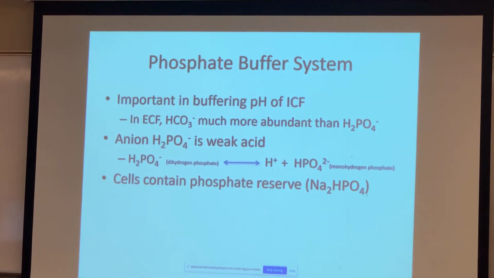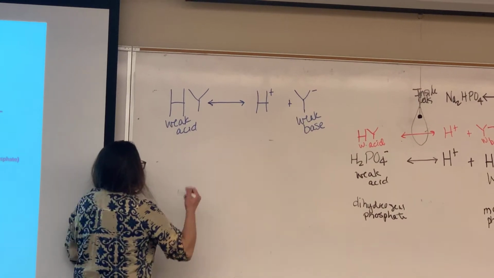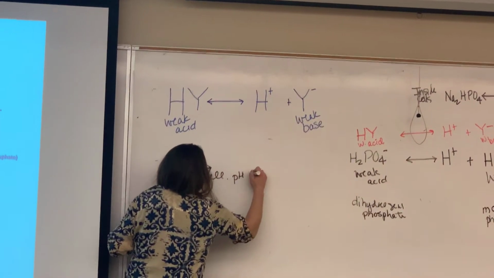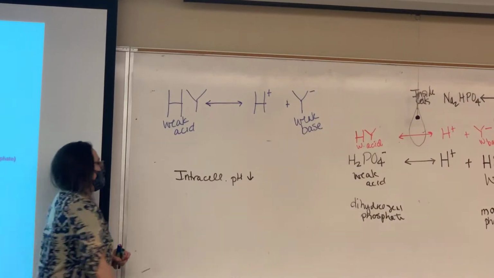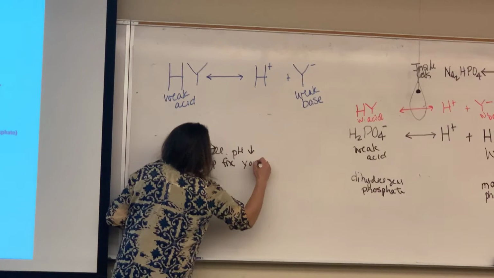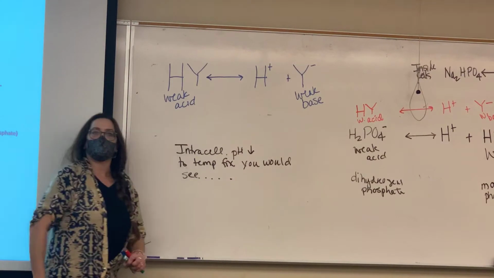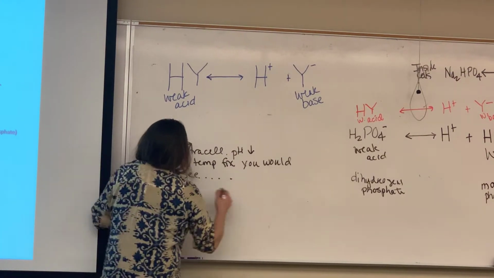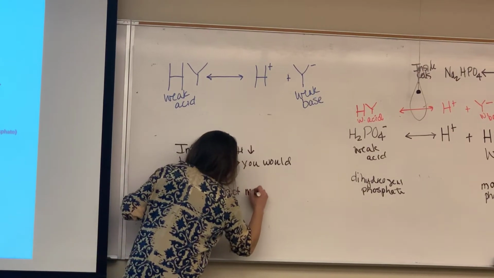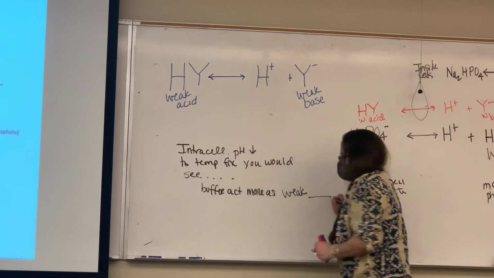Okay, so if I said your intracellular pH starts to drop, to temporarily fix, you would see, and I'm going to give you some choices, you would see your buffer act more as a weak what?